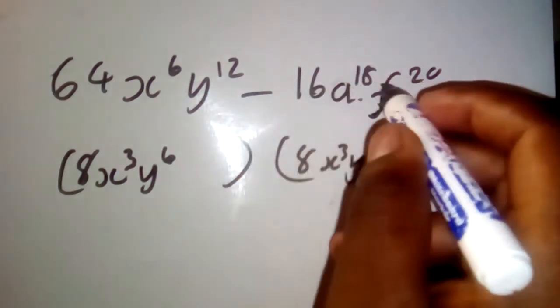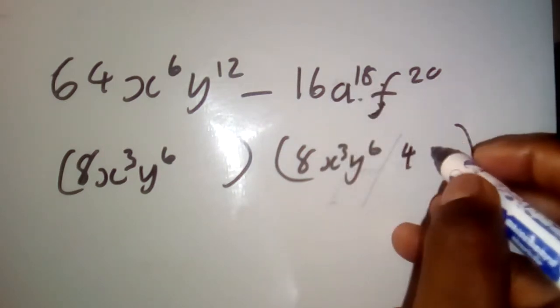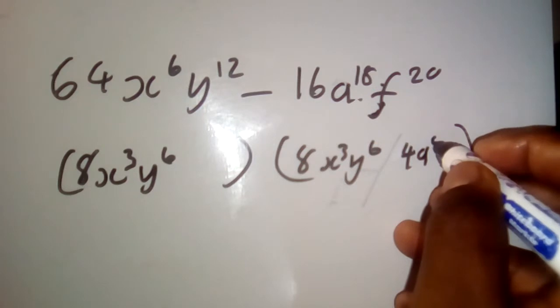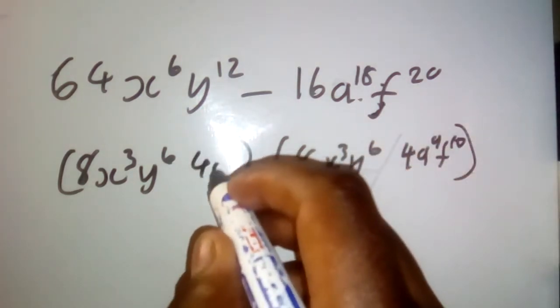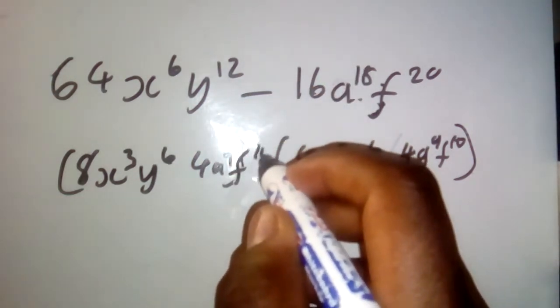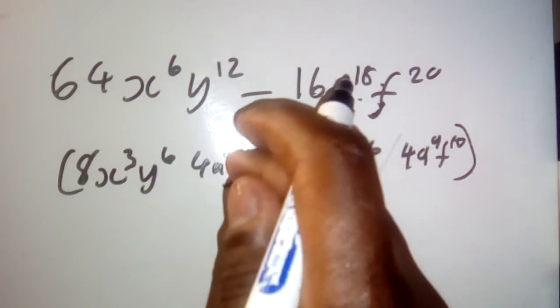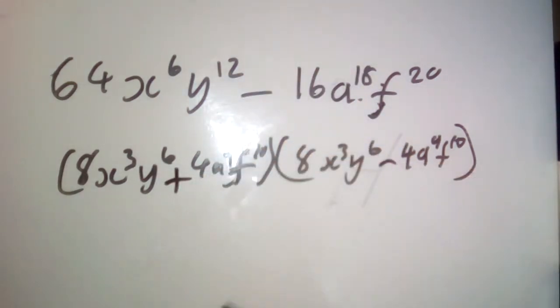And then the square root of 16 is just 4. Then a to the 18 gives you a to the 9, and then f to the 20 just gives you f to the 10. So this is the same thing there. Just due to space, f to the 10. And then on one we have a plus, on the other we have a minus.